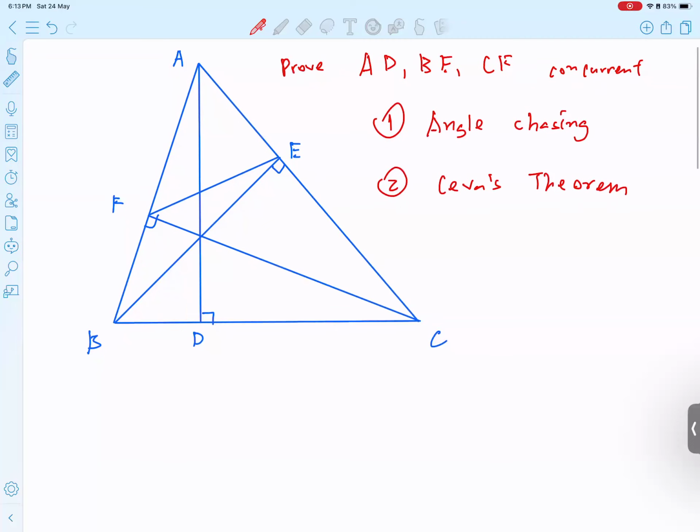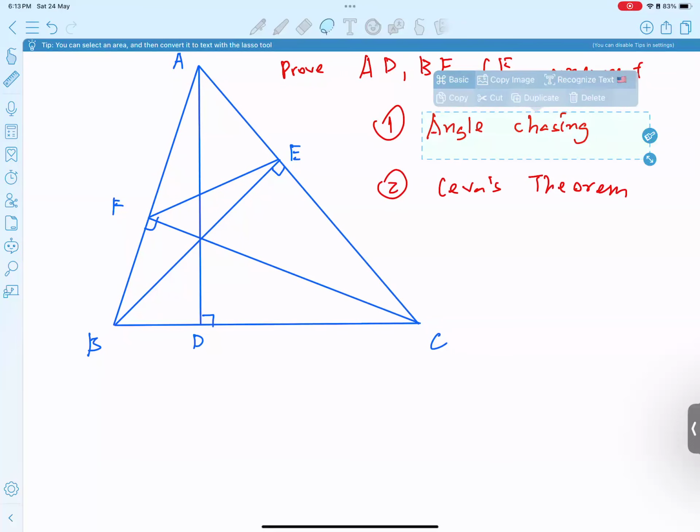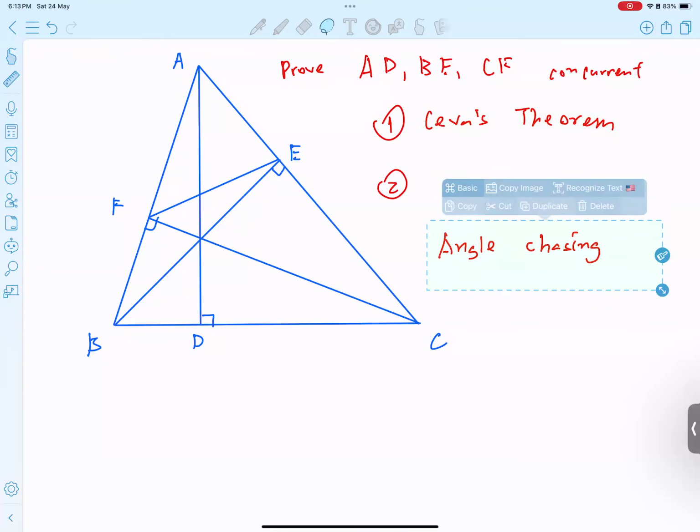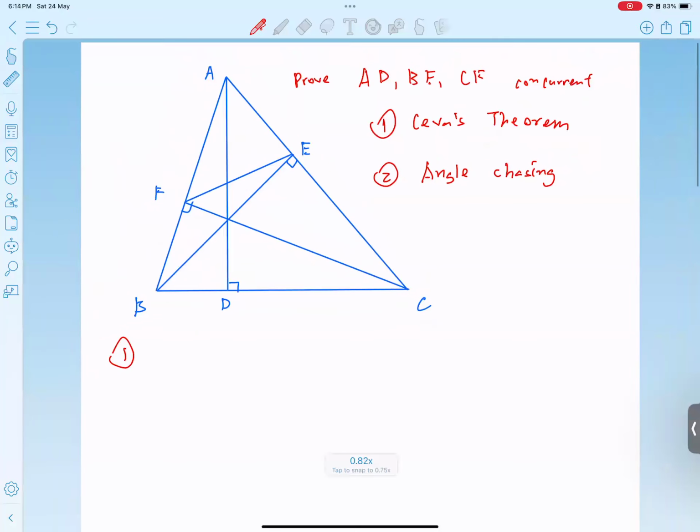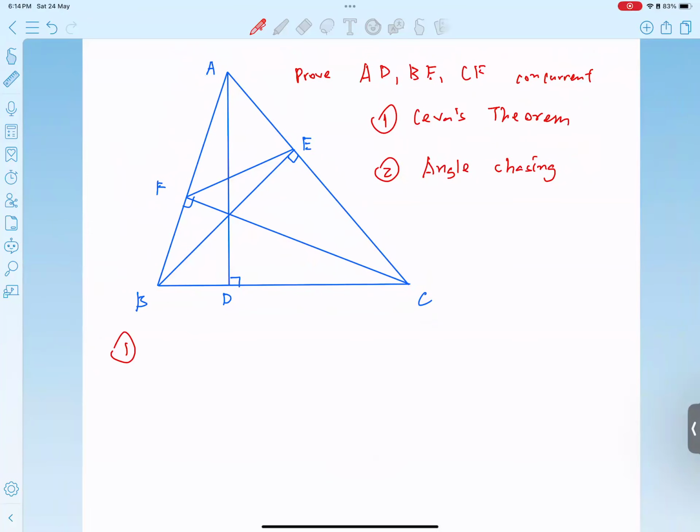So we look at the second way first. We have to prove that BD over DC, as illustrated on the handout, times CE over EA, times AF over FB is equal to 1. So we have to compute this. To do that, we could simply use the fact that BD is AB cosine B. So let's denote AB as c, AC as b, and BC as a.